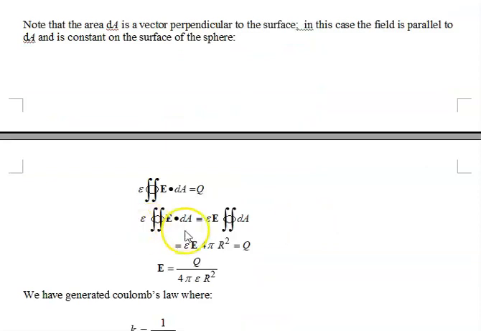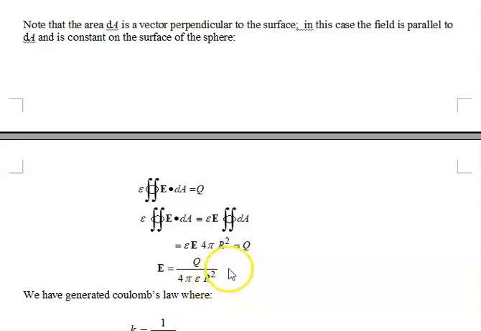which we do someplace right here. We pull the E out of the integral, and we just have the surface area of a sphere. And the surface area of a sphere is 4 pi r squared. And Gauss's law says that epsilon multiplied by the electric field at the surface multiplied by 4 pi r squared is equal to Q. And we find the electric field is Q divided by 4 pi epsilon r squared.